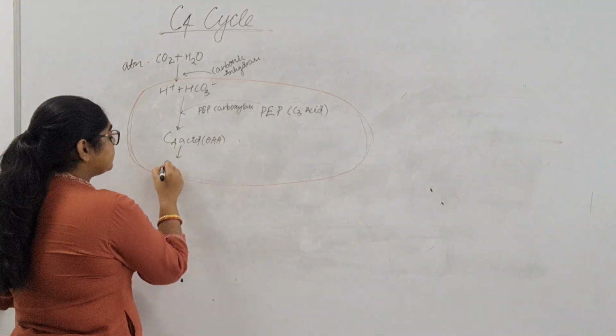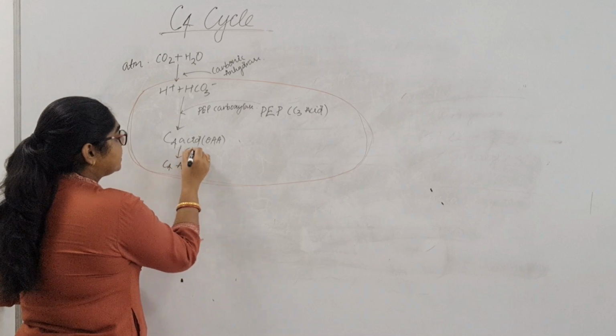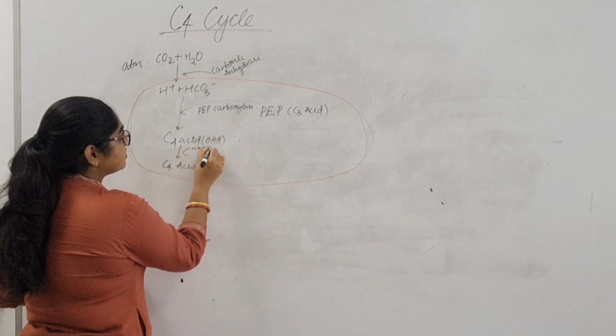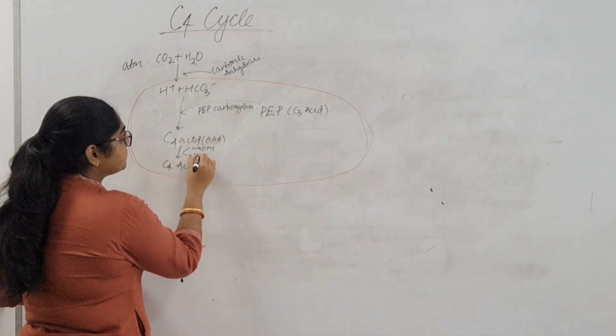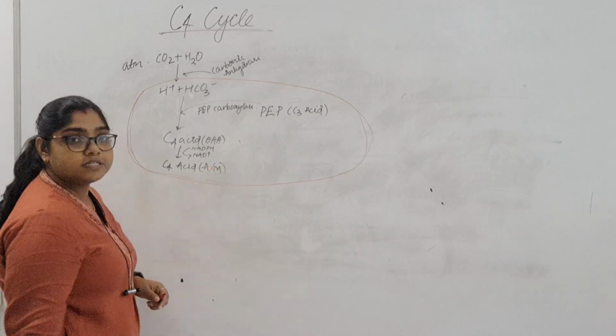Now this C4 acid will again convert to another C4 acid by consuming NADPH, and it may be aspartate, it may be malate.